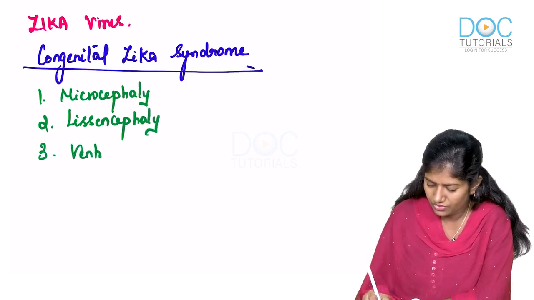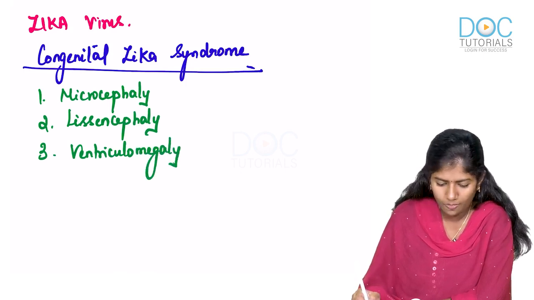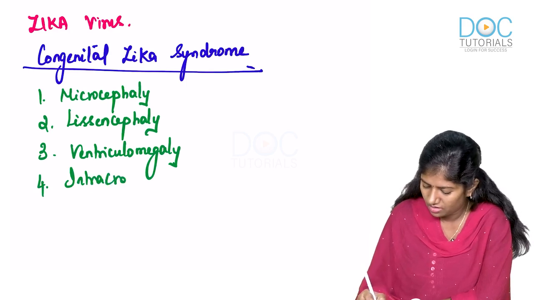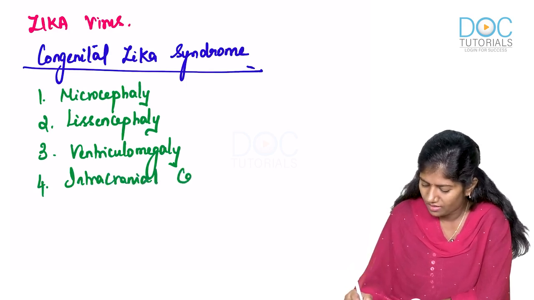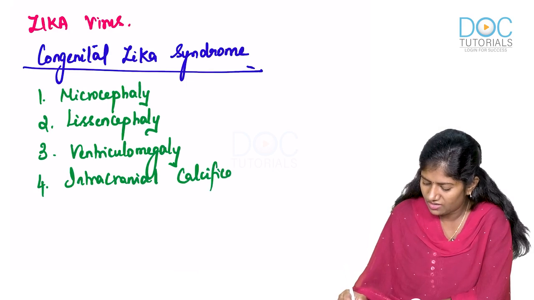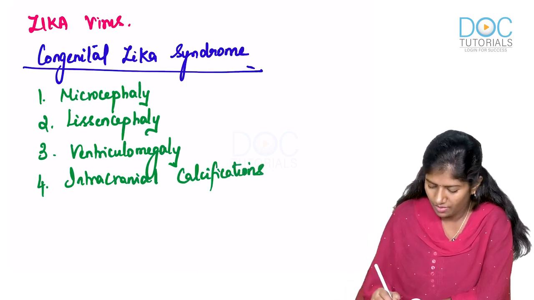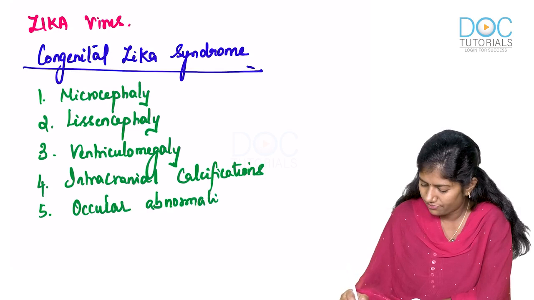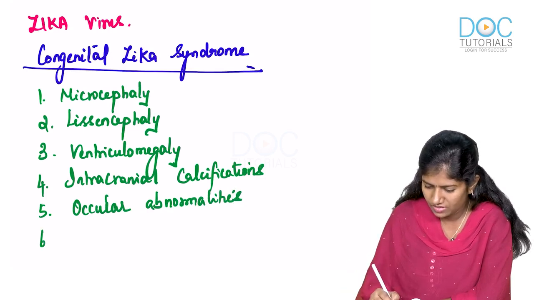Number 3, ventriculomegaly. Number 4, intracranial calcifications. Number 5, ocular abnormalities. Number 6, congenital contractures.